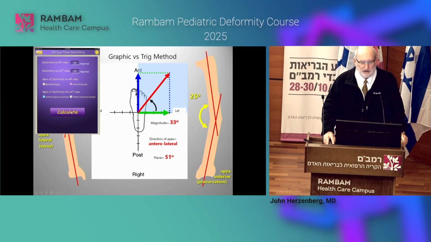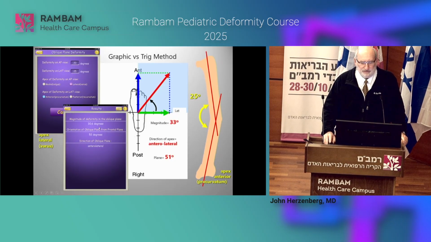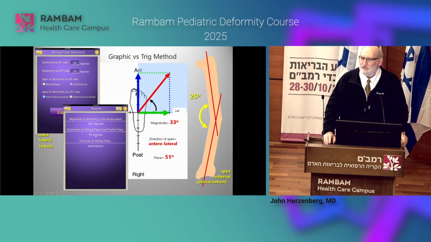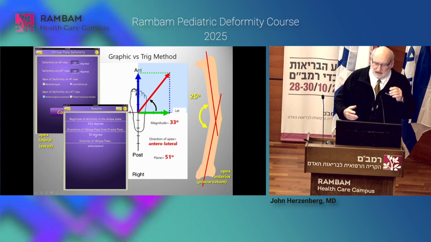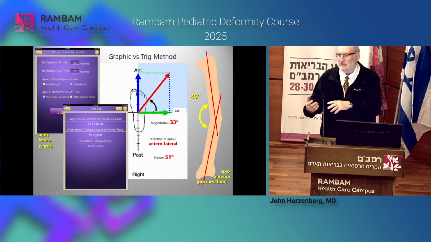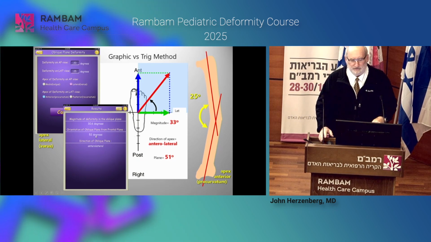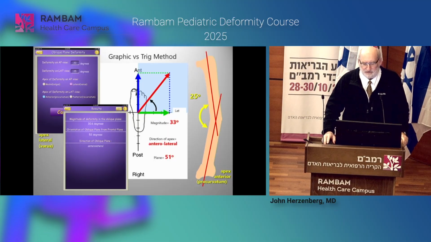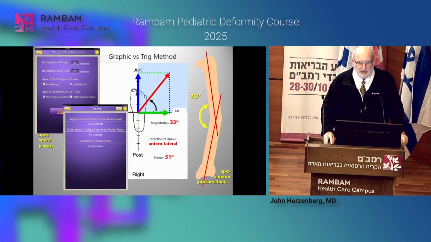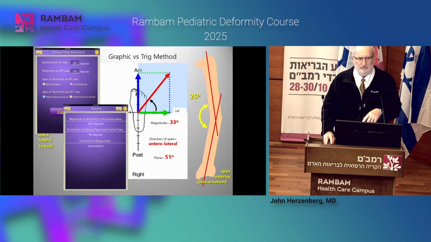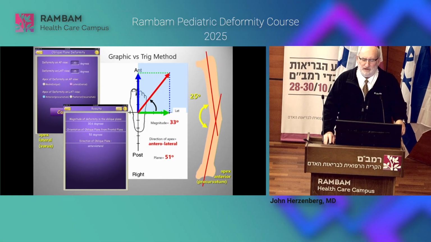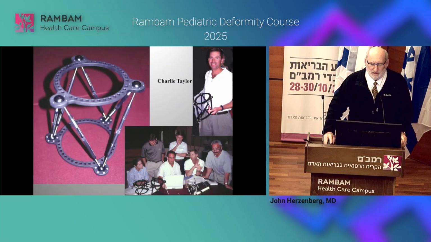Hit the calculate button and it tells me that I actually have a 30.6 degree deformity in a 52 degree plane. So the app will do the calculation for you if you want. And that's more accurate by a few degrees anyway. But for most things within the range of orthopedic deformity, the graphic method works pretty well.